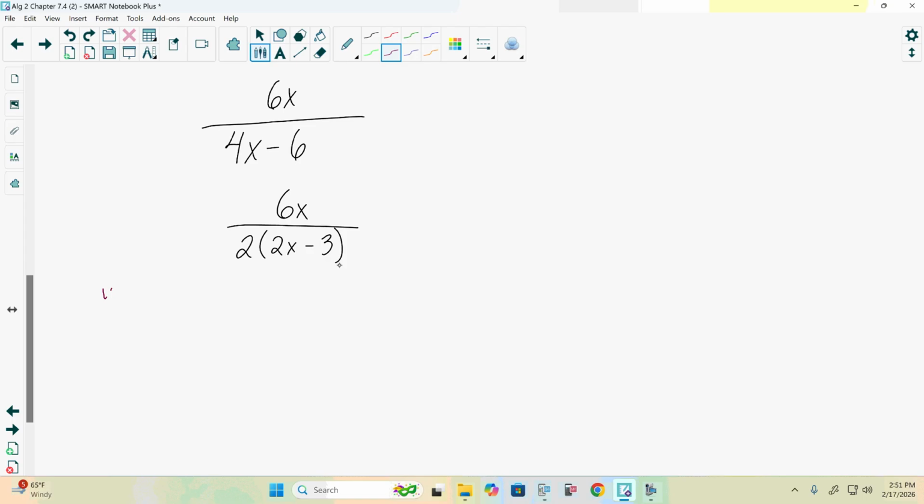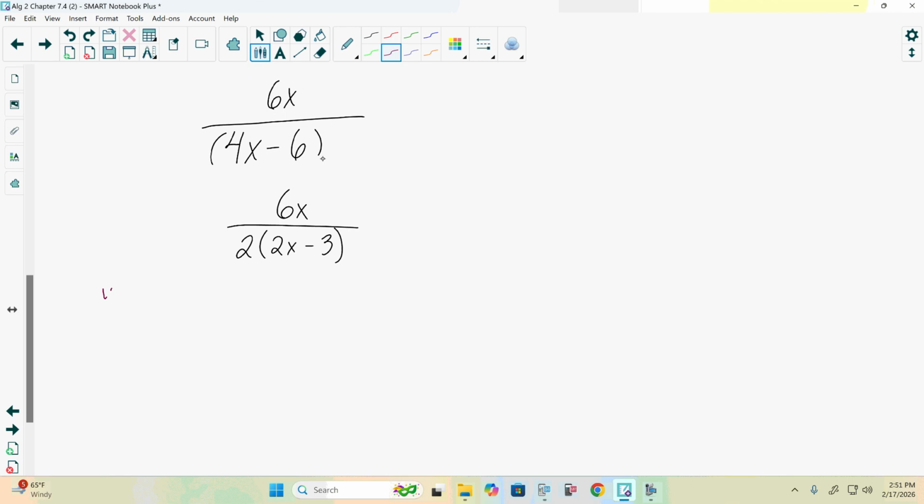So here it's considered one term. With factoring that 2 out, we now have 2 times 2x minus 3 on bottom. We have 6x on top, yes? Well, we know the 2x minus 3 on bottom is not going to simplify because there's not a 2x minus 3 on top expression to simplify it with.